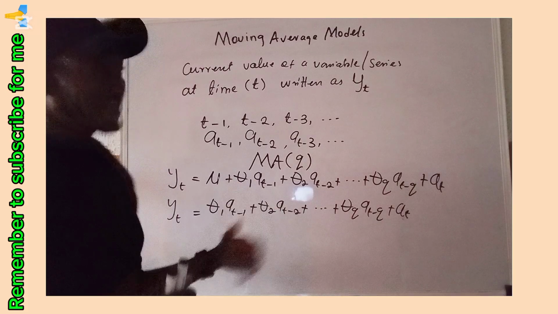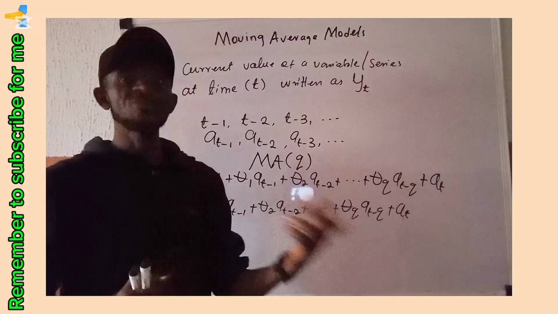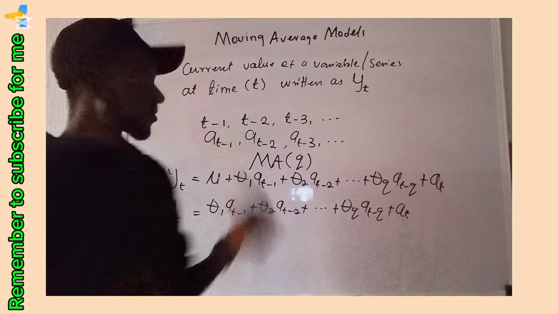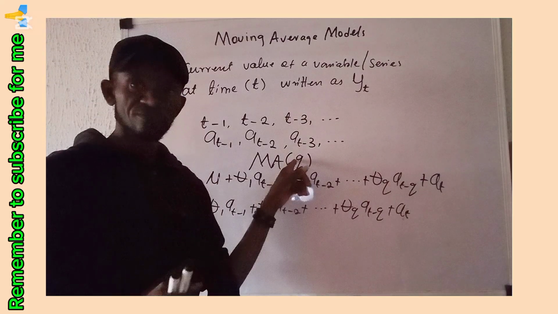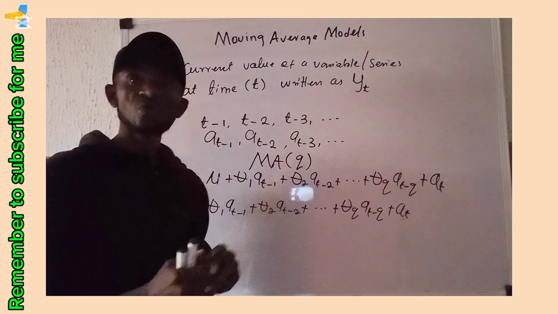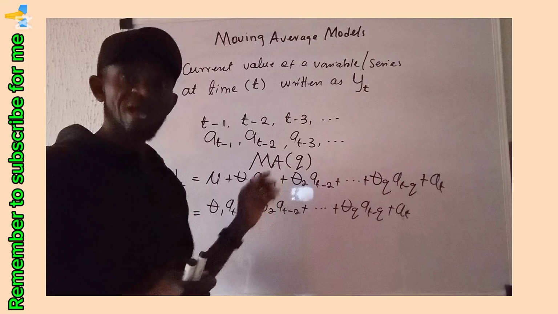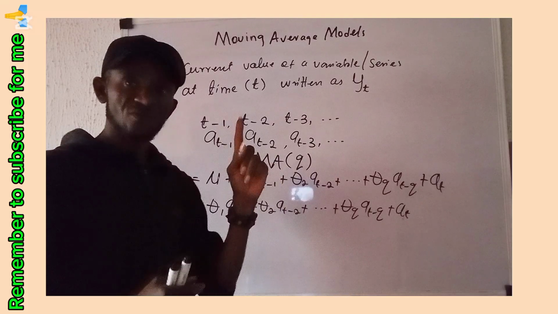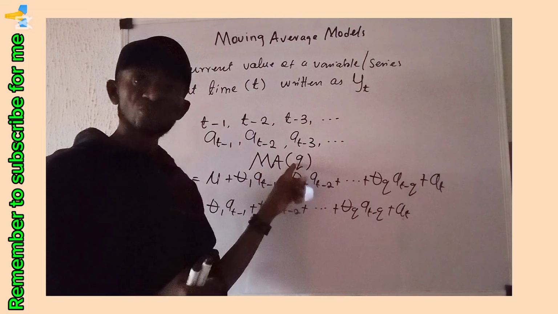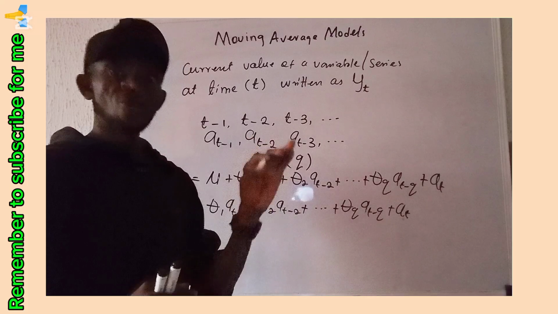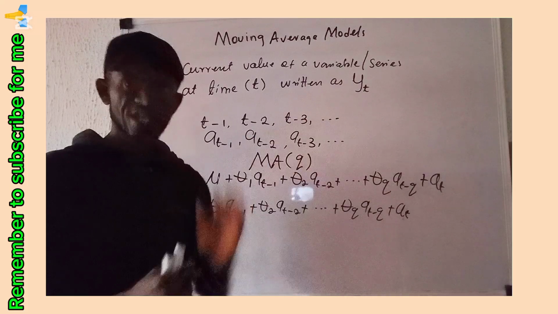It means that there are different kinds of moving average models depending on the value of this q. When q becomes 1, we have a moving average model of order 1. When it becomes 2, we have a moving average model of order 2 down the line.